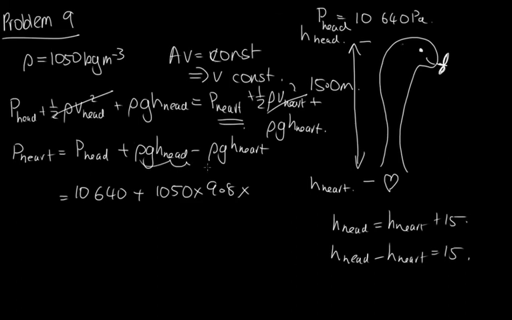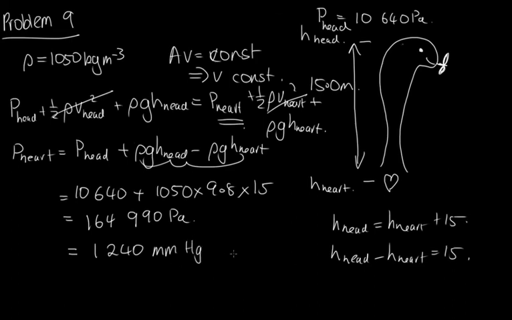So combining these two terms, taking the rho g out as a common factor, and using h head minus h heart is 15, we can put 15 in there. And so this lets us calculate the blood pressure, which is 164,990 pascals. So if we want to get from pascals to millimeters of mercury, that's 1,240 millimeters of mercury.